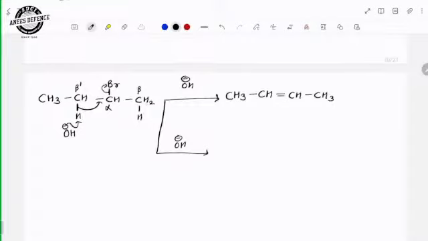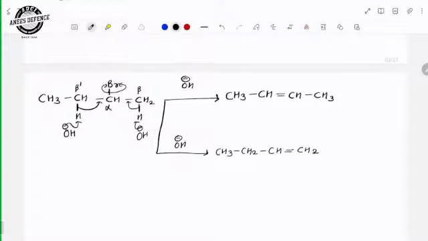What is the second possibility? The OH minus will abstract this beta hydrogen. This single bond gets shifted between alpha and beta, and this Br is removed. So this becomes CH3, CH2, CH, double bond, CH2.